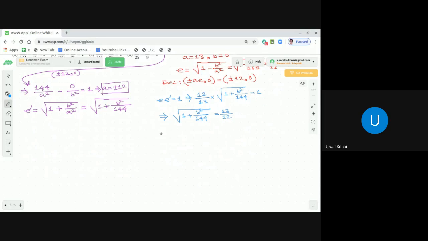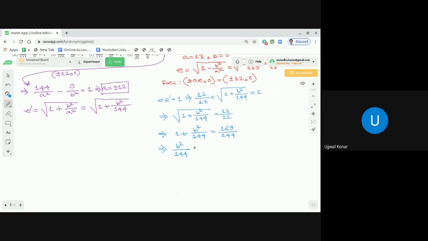So from here what we get, dear students, is that if we make a square of both the sides, 1 plus b square by 144 is equal to 169 divided by 144. So b square by 144 is equal to 169 by 144 minus 1.